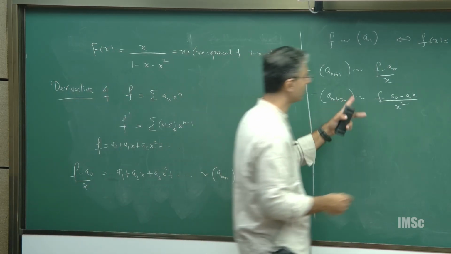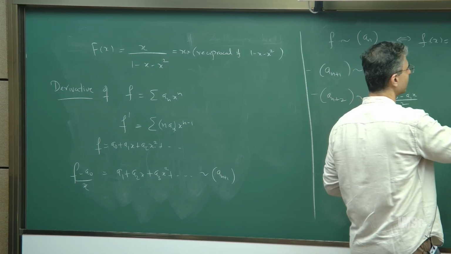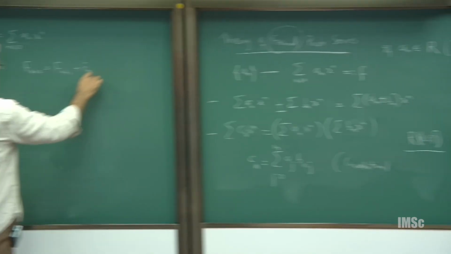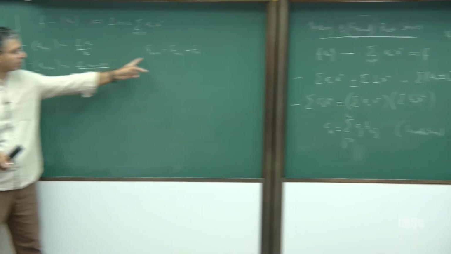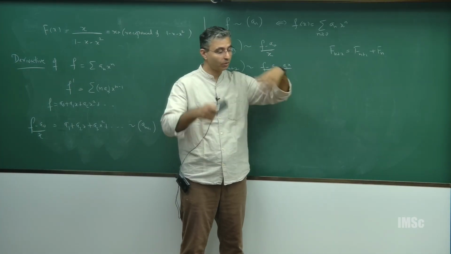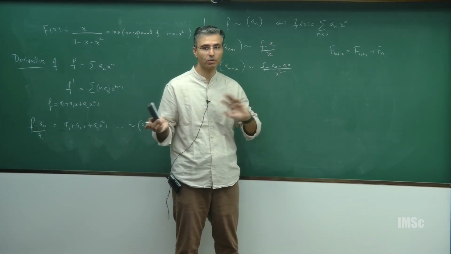Right. So, if I had started like this, if I write the Fibonacci recurrence this way, then I do not have to multiply by x raised to n and do all that.